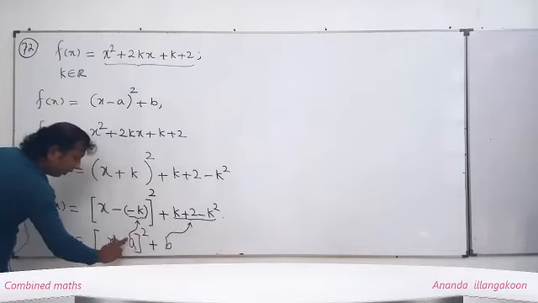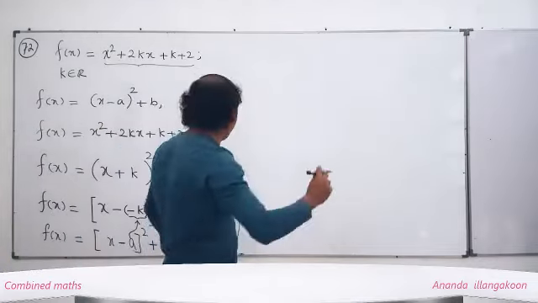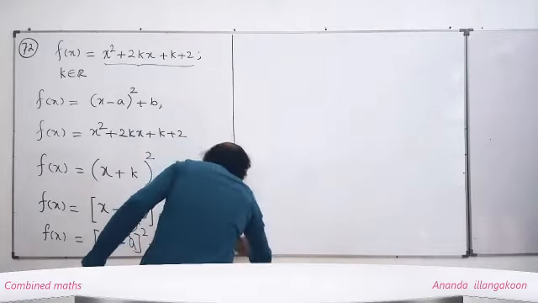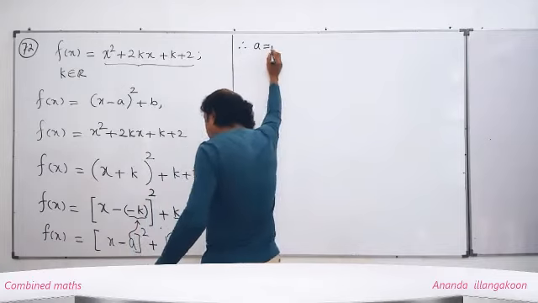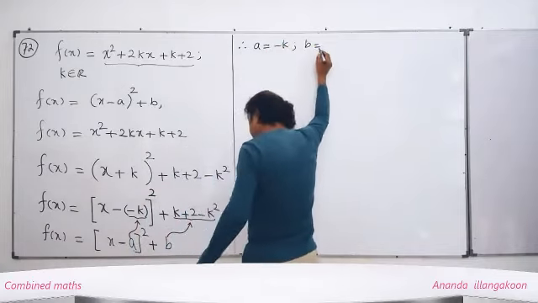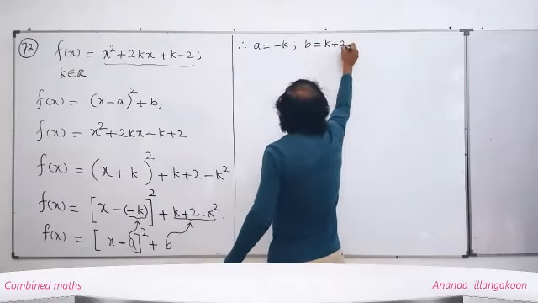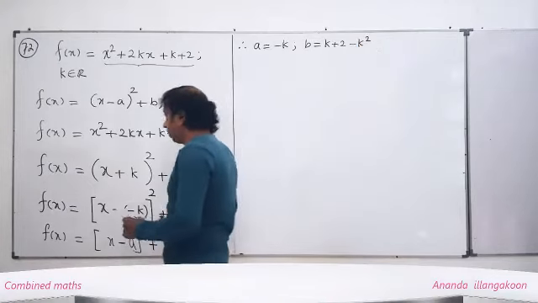Then here a is minus k, b is this. Am I correct, people? So therefore, a is equal to minus k, and b is k plus 2 minus k squared.